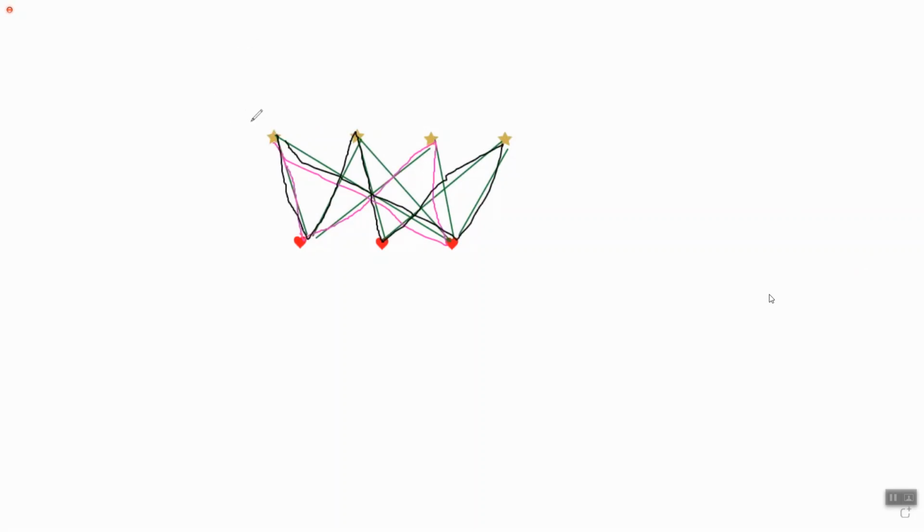So if you take the first one in V1 here, then V2 is here. The third one is here, the fourth one is here, then the fifth one is here, and the sixth one is there. And when it is closed, it goes to the starting vertex.